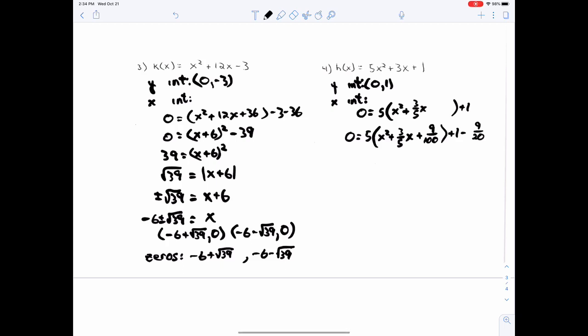Okay? Now let's factor it. And get a common denominator. 20/20ths minus 9/20ths is 11/20ths. Okay. Now let's bring over the 11/20ths.